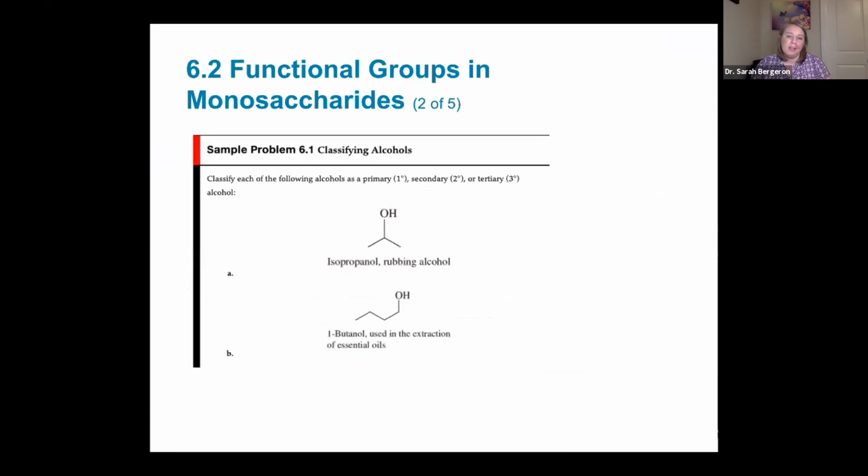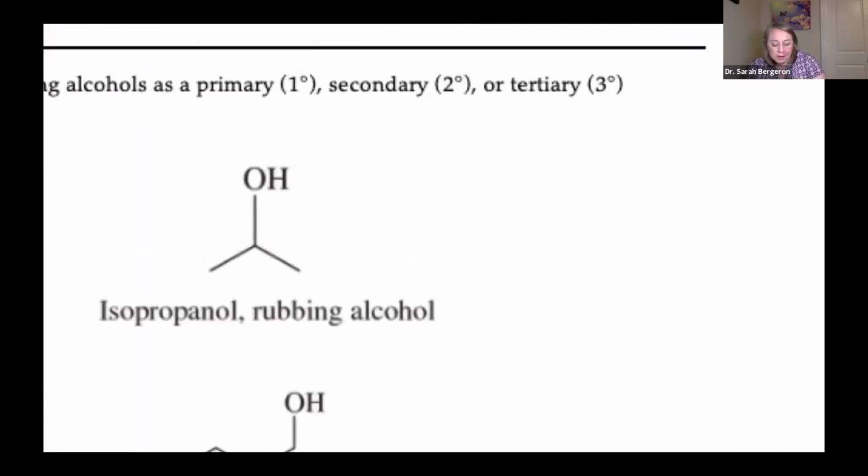All right, so let's try to classify these alcohols as primary, secondary, or tertiary. So when you're looking at this, what you want to do is to find your alcohol. So here's our alcohol, and then I want to see where's my carbon that's attached to that alcohol. It's right here. Now I need to look at this carbon and I need to see what different groups are attached to that carbon. Well, I have a carbon, and then it doesn't show it, right?